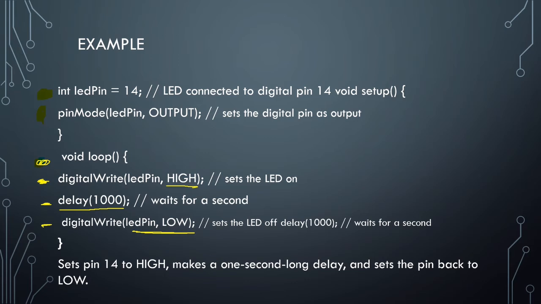So you can see here, this is how we are combining declaring our variables, setting up our inputs and outputs. We're setting things high and low, and we're integrating some delays in there to make it visible. If we didn't have this delay, chances are you would not be able to see the LED turn on and off because the microcontroller would be executing the code too fast for the naked eye to see that.